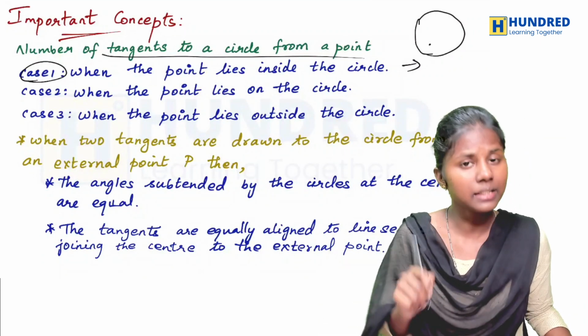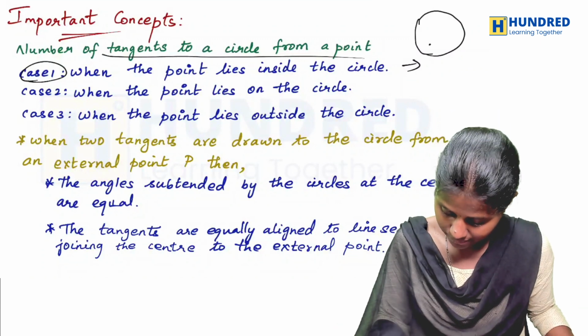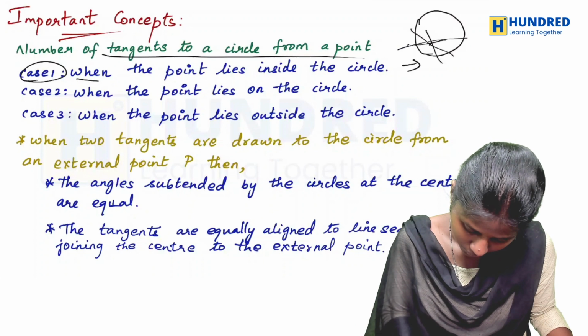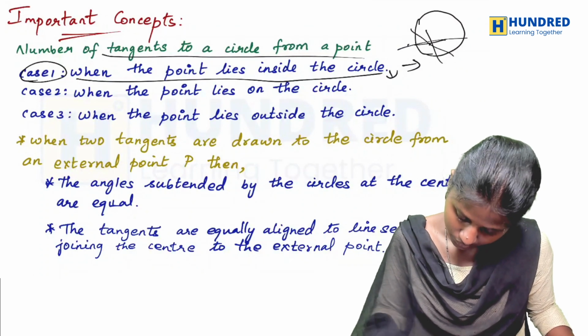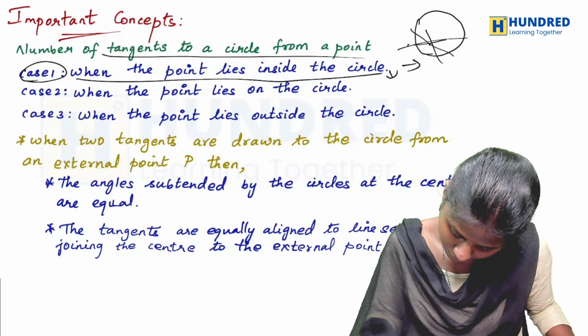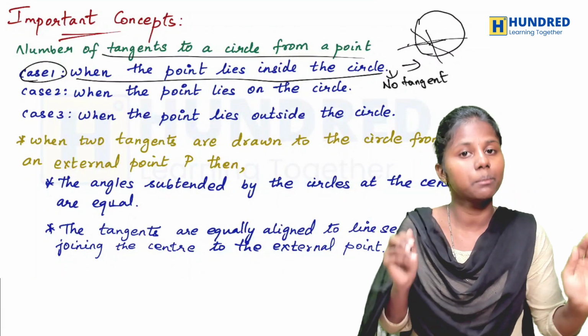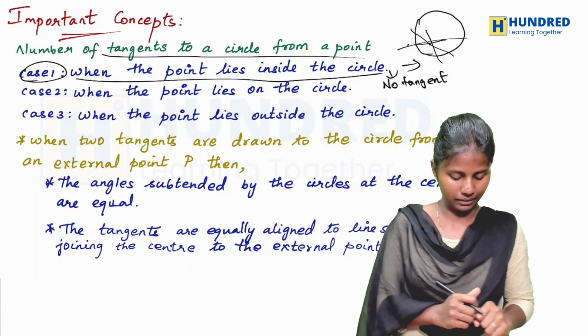When it lies inside the circle, there is no tangent passing through this point. So it is none. There is no tangent passing through the point when the point lies inside the circle.